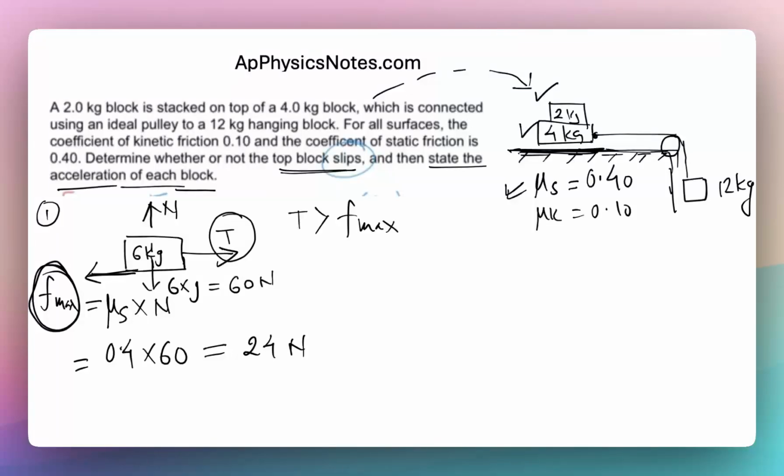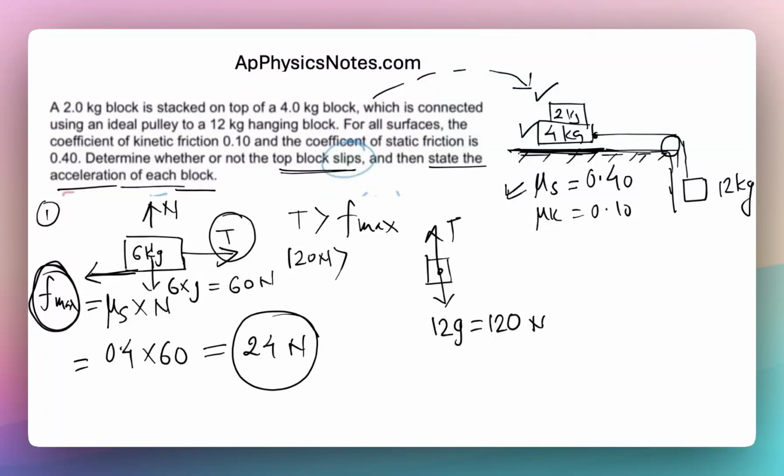We have to switch to the other side, the 12 kg block. We can draw the FBD. Downward is 12 g, which is 120 Newton, and this is going to be our tension. Initially, when we release the system, assuming no acceleration, this tension is going to be equal to 120 Newton.